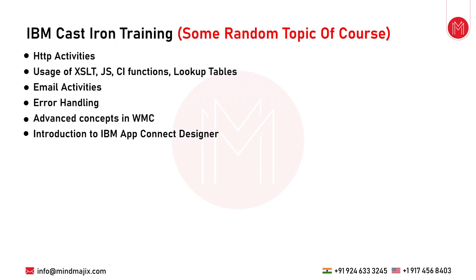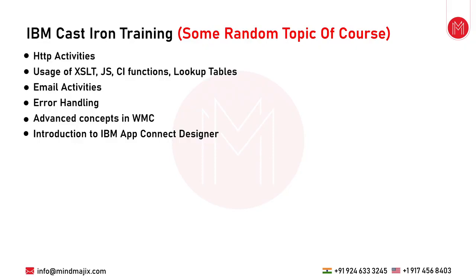We can transform one XML to another XML using XSLT, and JavaScript. In Cast Iron, we can write JavaScript functions, our own custom functions. Actually, Cast Iron provides some pre-built functions. We can use them, and if there are any additional requirements, then we can write our own JavaScript.